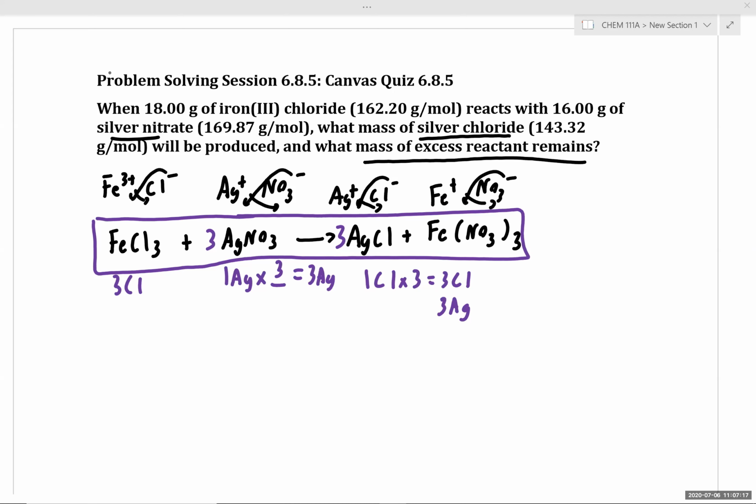And the mass of excess iron 3 chloride that I see in the chat looks perfect. We'll discuss this example momentarily.